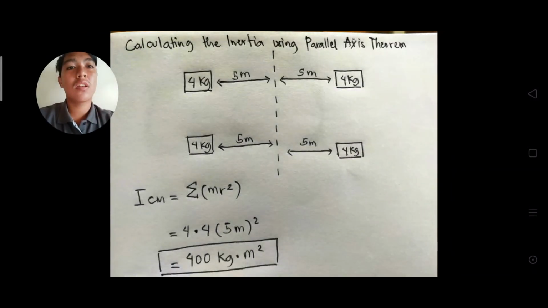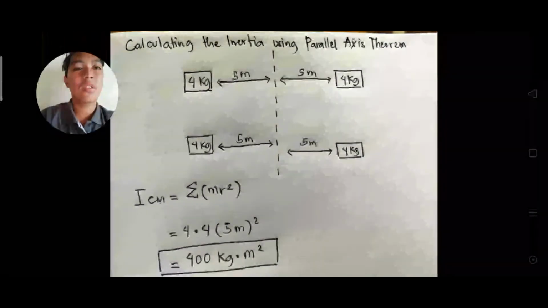Then to get the inertia, we multiply by the mass, 4. So 5 meters squared is 25, times 4 is 100. 100 times 4 is 400. So it equals 400 kilograms times meters squared.